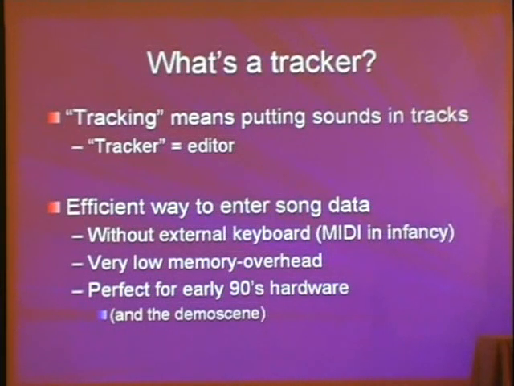It had a very low memory overhead, and for demos, it was perfect because the average file size of these songs was on the order of hundreds of K. In the early days, perhaps 50 to 100 K. Later on, perhaps 500 K to a meg. But really efficient, didn't affect download sizes of productions. And so people really latched onto it.